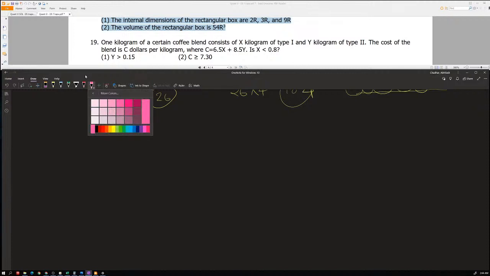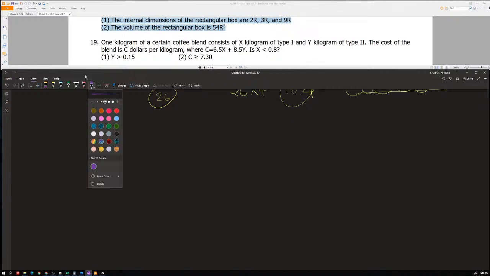What color do you guys like? We have one blue. I don't want to waste your time, right? But I don't like pink color. It's not a bad color, but yeah. Let me see. Purple. We're gonna try purple. Purple is nice. Let's take a lighter shade. More colors.